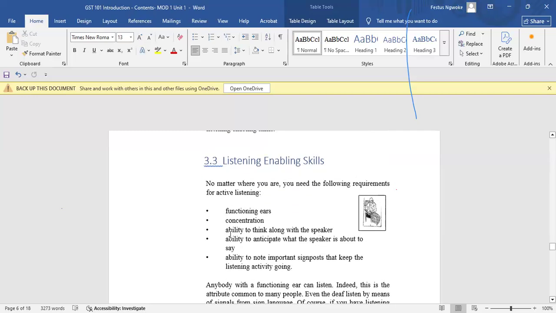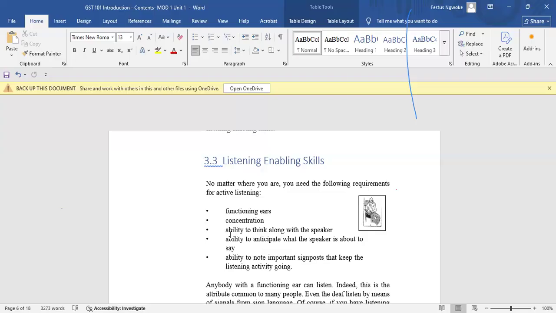Then we look at another one, 3.3, listening enabling skill. Let me draw your attention to this pronunciation before I go on, so that it will be part of what you add to your knowledge. When you have the word listen, you can hear me very well.